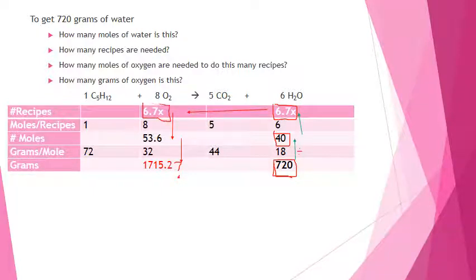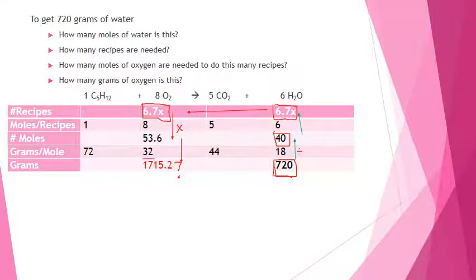All right, so I bring that over here, and then I find out how many moles of oxygen I need. Each recipe needs 8. I need to do it 6.7 times. So I'm going to do 8 times 6.7 for 53.6 moles. Okay, each mole weighs 32 grams.